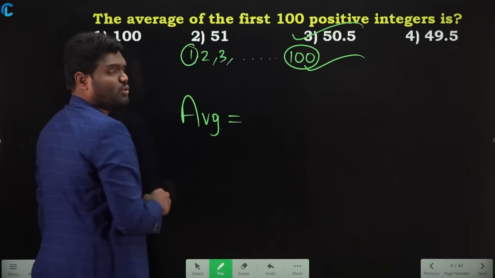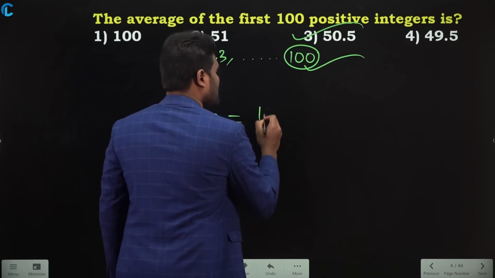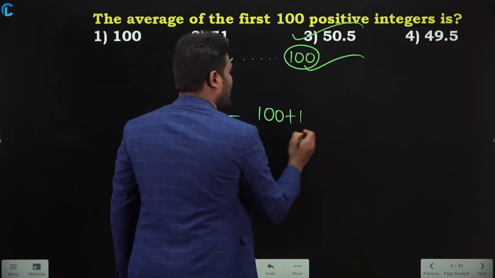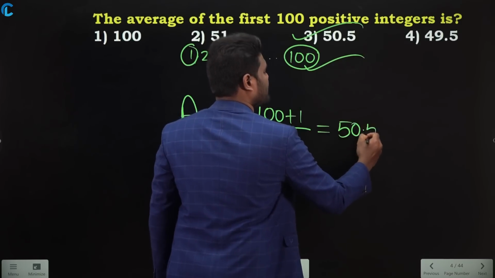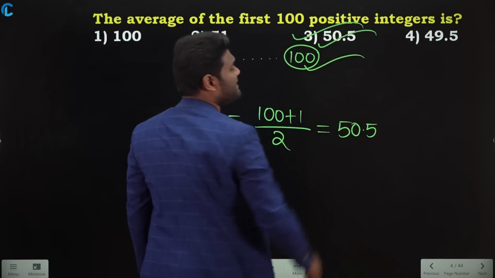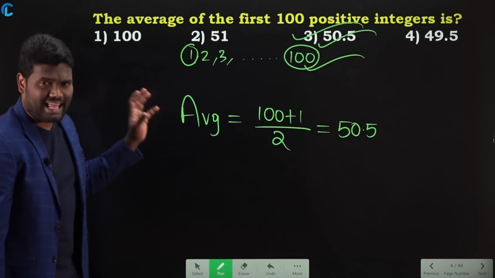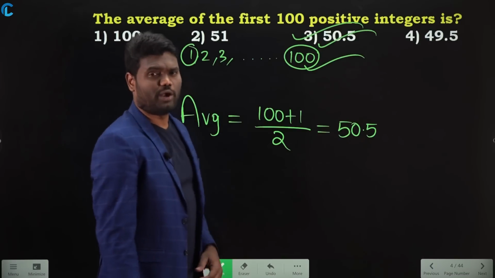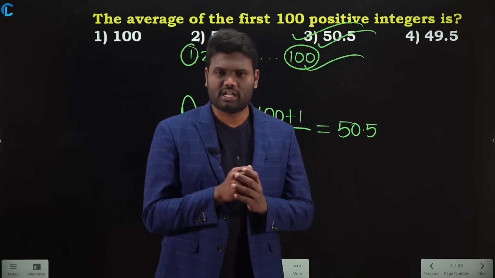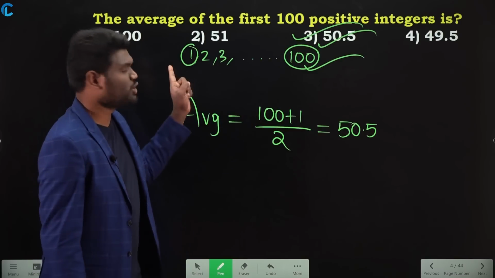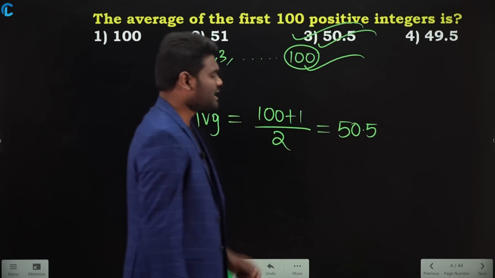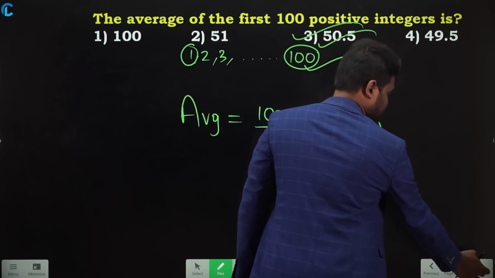The lowest number is how much? 1. So just calculate the average: 100 plus 1 by 2, that is 50.5. So the answer is 50.5.